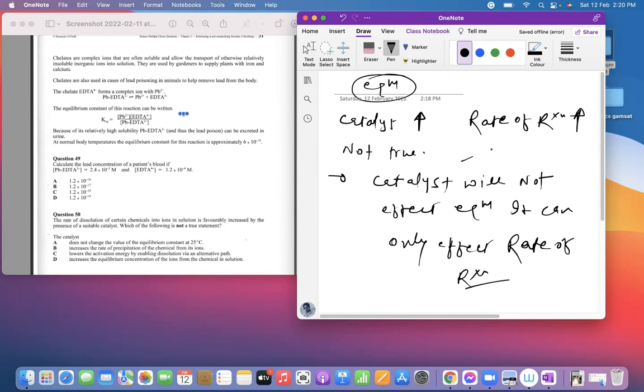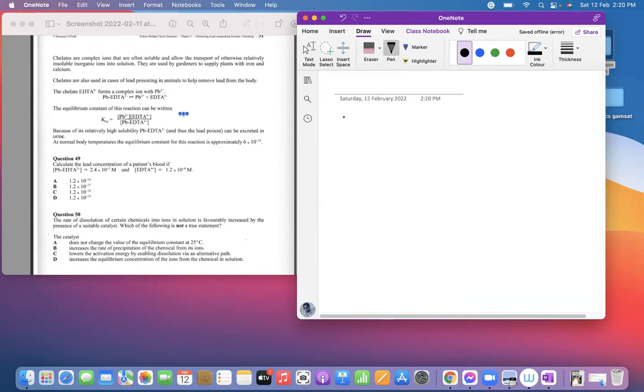But I can tell you something: a catalyst increases the rate of reaction by decreasing the activation energy. The rate of reaction increases, but the activation energy decreases. So C is also true, because if you lower the activation energy, the rate of reaction will increase. Now move to D.